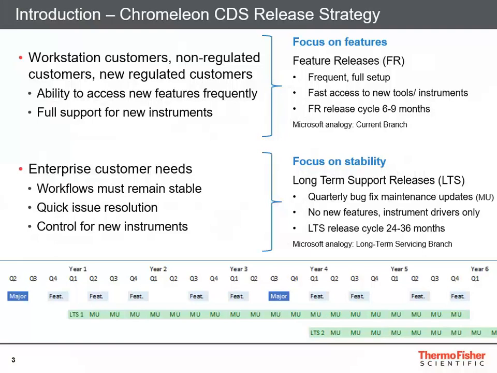The long-term support is designed for them. We have quarterly bug fix maintenance updates with no new features, maybe some instrument drivers, but certainly no new features for instruments. These long-term support builds are released on a cycle of roughly 24 to 36 months, in coordination with the major version releases of Chromeleon.